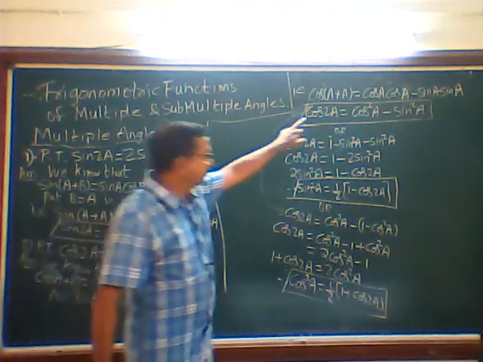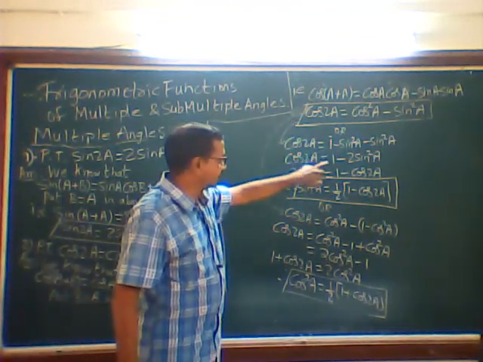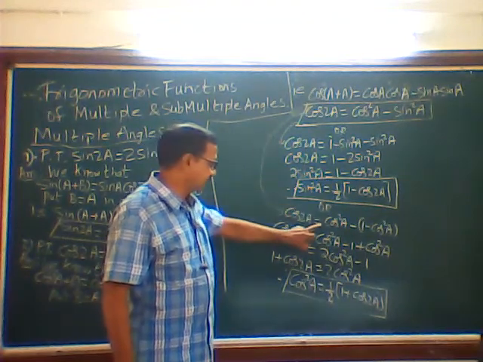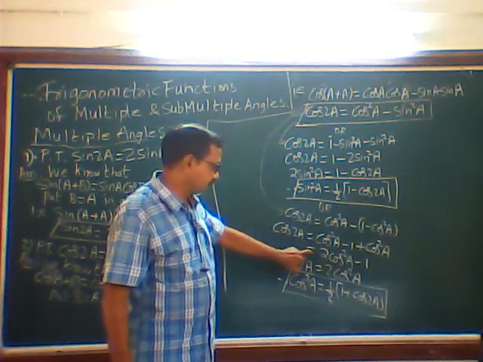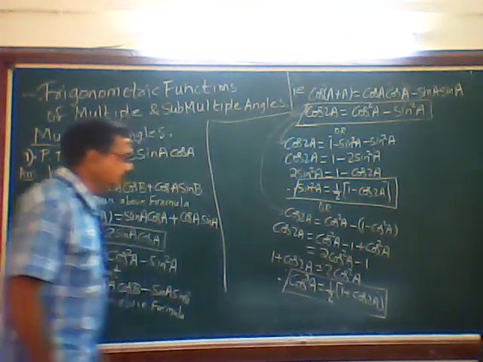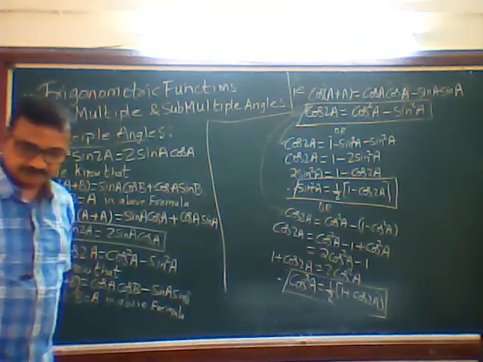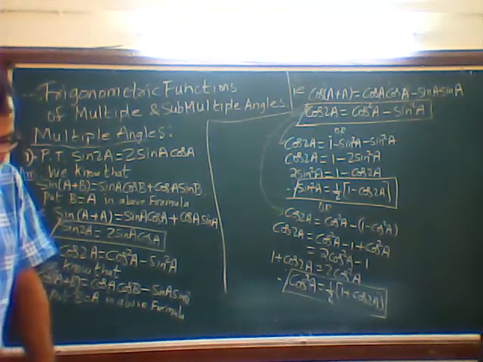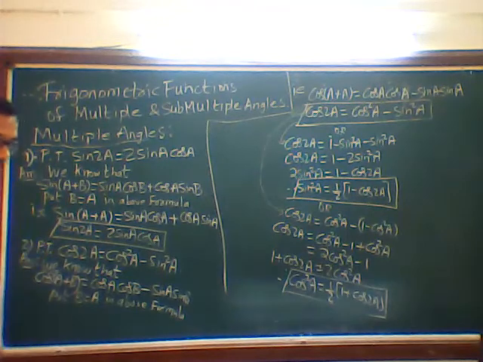So from this, I went to derive this. I have derived here. After that, I derived one more here. From here again, I derived one more. Same way here, one more. Next, we have sin 2a, cos 2a, tan 2a. You can go through it.